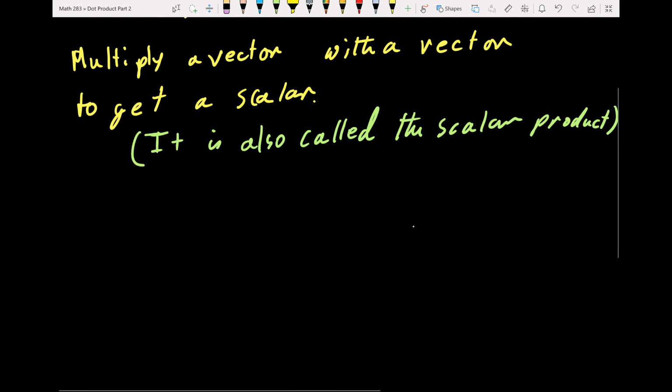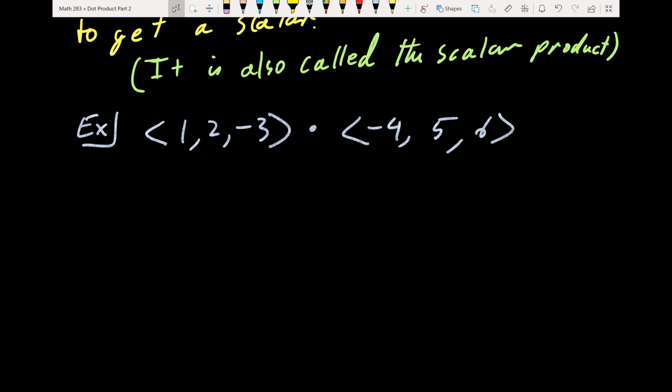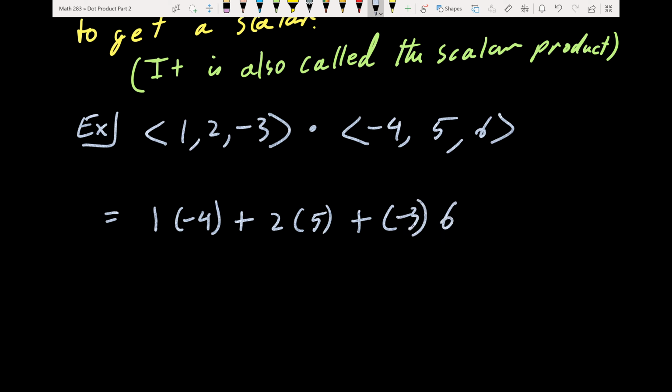Okay. All right, good. So let's look at an example of it. Negative 4, 5, 6. Pretty simple. 1 times negative 4 plus 2 times 5 plus negative 3 times 6.